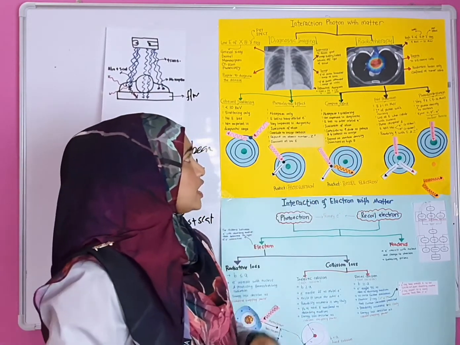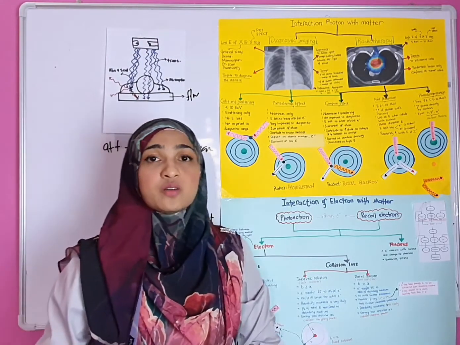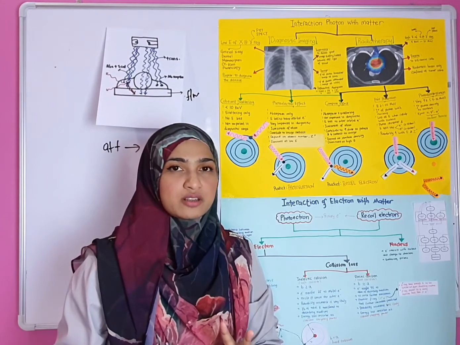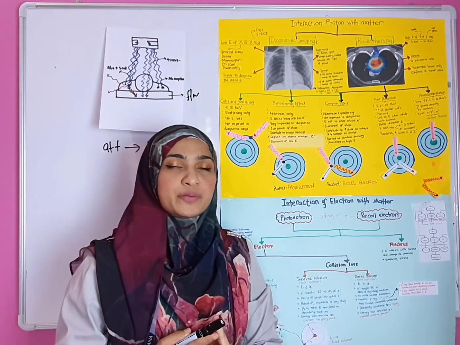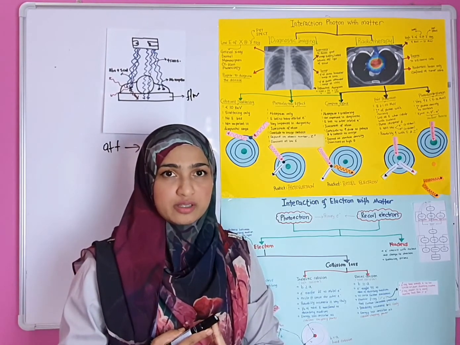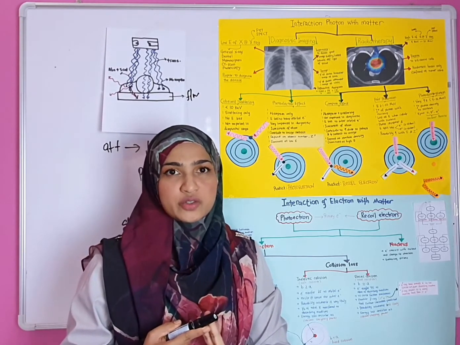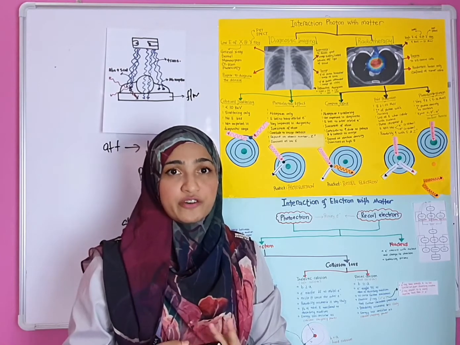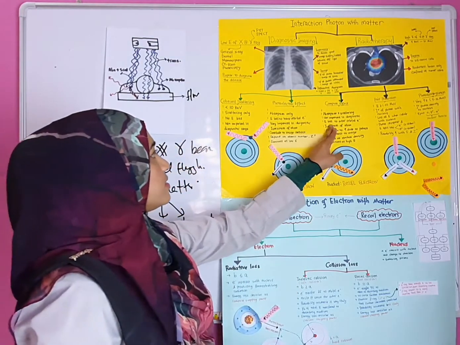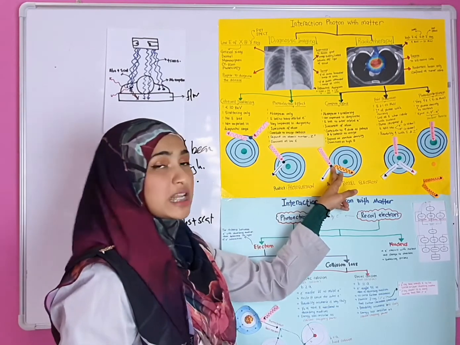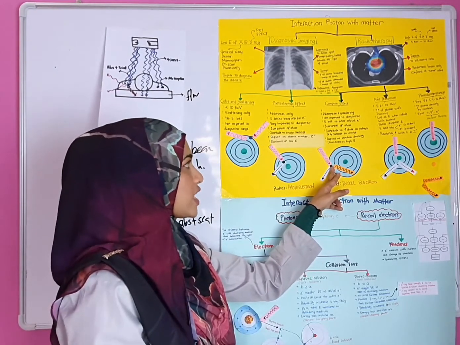So it is not important in diagnostics. Why? Because it contributes two effects in diagnostics. Firstly, it contributes to a higher dose to the patient, and secondly, it contributes to poor contrast in the image due to the scattered photons. It also causes ionization of atoms because the valence electron is ejected from its atom.